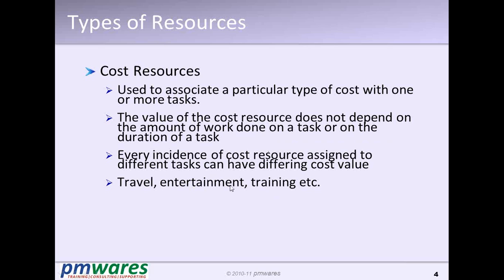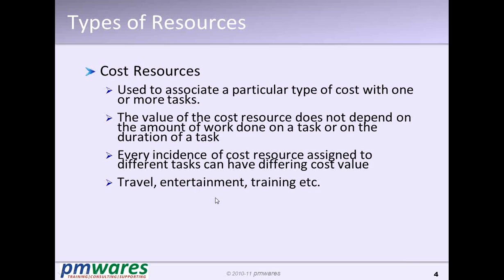Like you are traveling, going for entertainment, conducting a training, or there could be several other things. In this, you do spend money, but it is neither work nor material, and also you cannot predict the cost. There is no formula to calculate the cost.